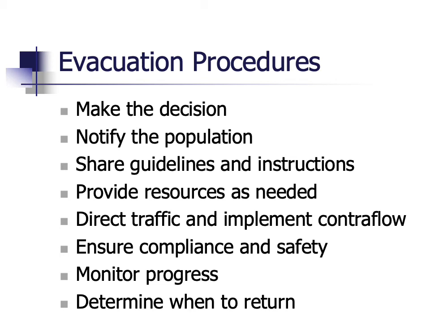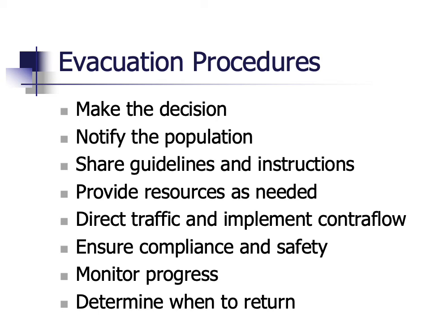Even though evacuation is fairly complex and does require some careful decision making, there's a few measures we can take to make sure it's successful. We need to simply make the decision to evacuate. We notify the population, hopefully with enough time so they can leave. We need to share some guidelines and instructions on where to go and how they should leave.